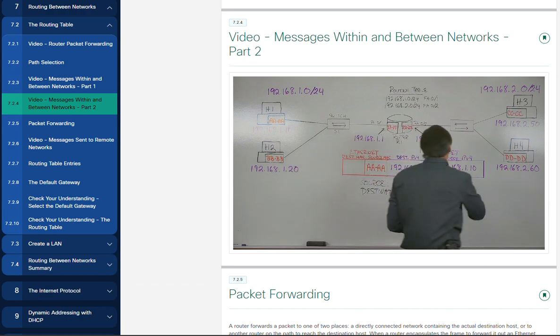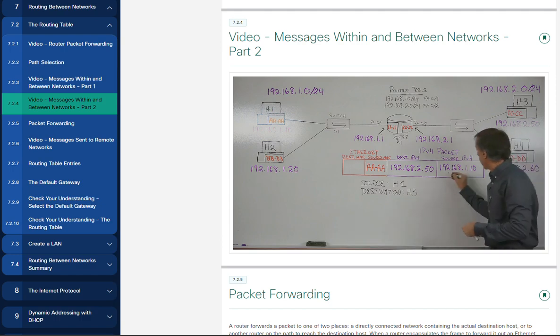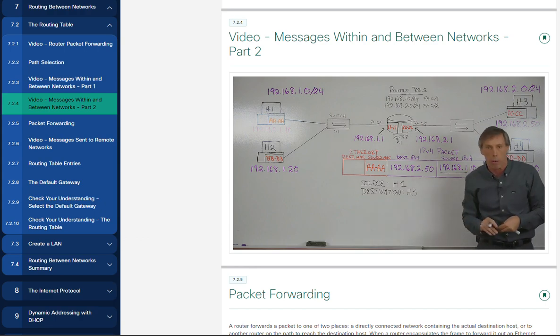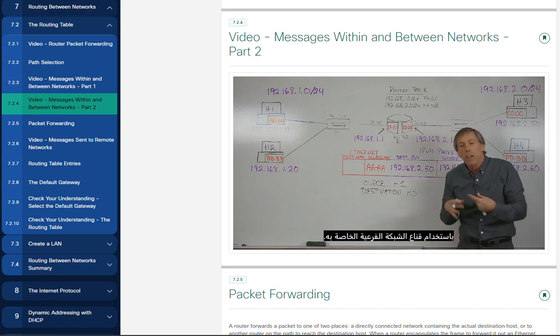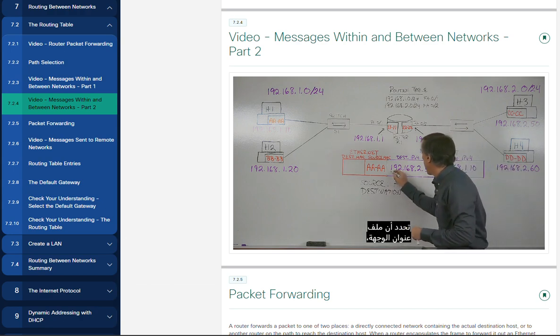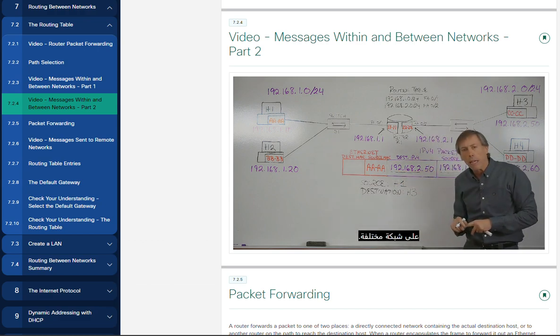Once again, it knows that its IPv4 address, 192.168.1.10, is on the 192.168.1.0 network. It looks at the destination IPv4 address using its own subnet mask. It determines that the destination address is on a different network.